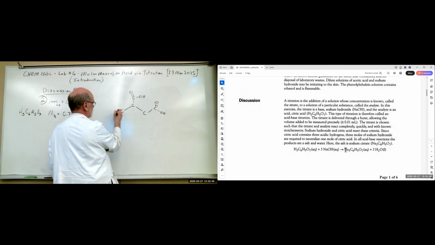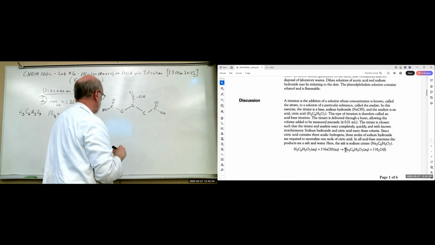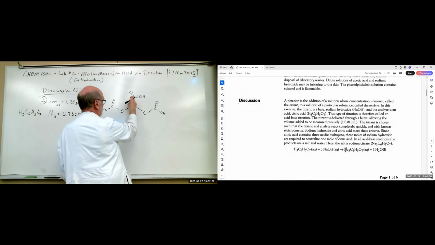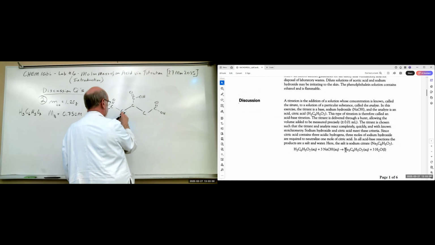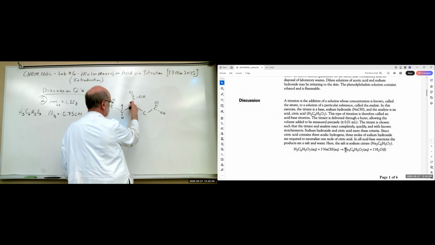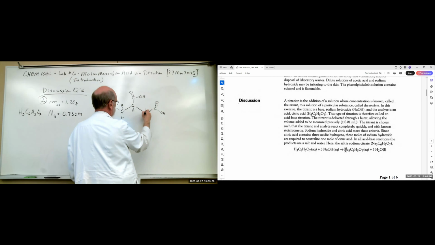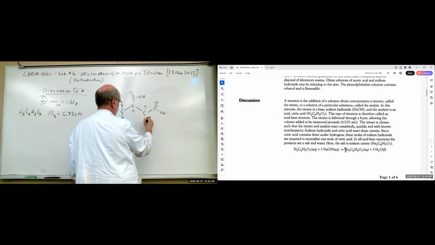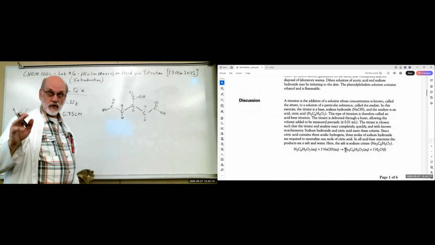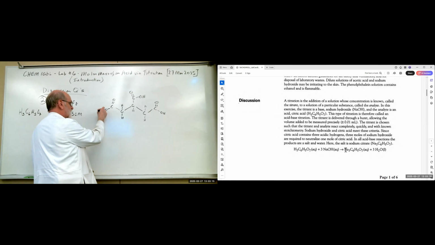And this one has another carbon with a carbonyl, as they call that group, and then a hydroxyl. Now, we need 4 bonds. This one has 1, 2, 3, 4, 1, 2, 3, 4, 1, 2, 3, 4. This one only has 2, so it's got a hydrogen here and a hydrogen there. This one has 3, so it's got 1 hydrogen there, and this one has 2. So that's your structure.